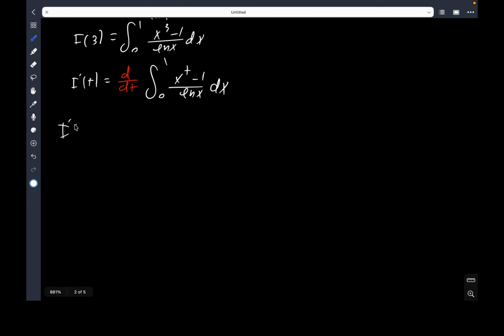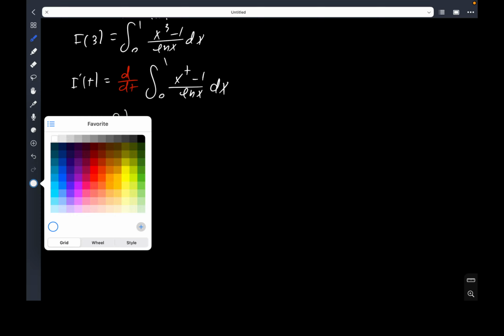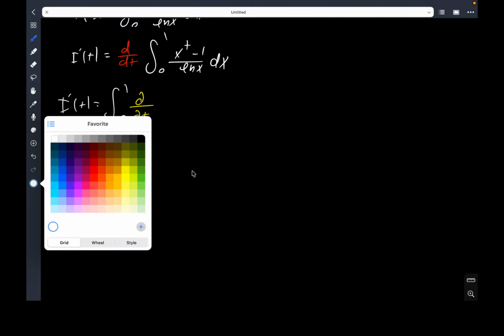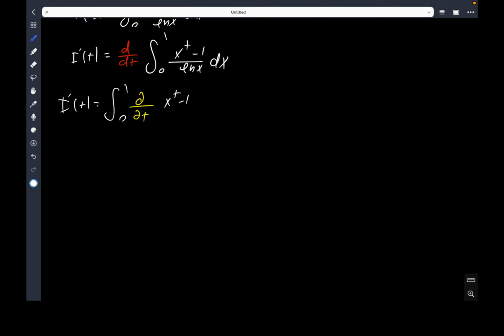This I prime of t would become the integral from 0 to 1 of, and this would become a partial derivative, partial t of x to the t minus 1 over ln x dx.